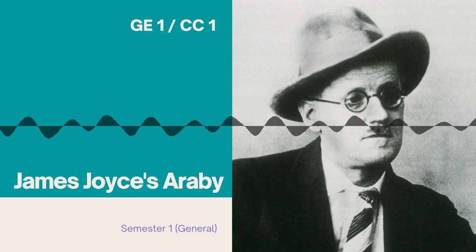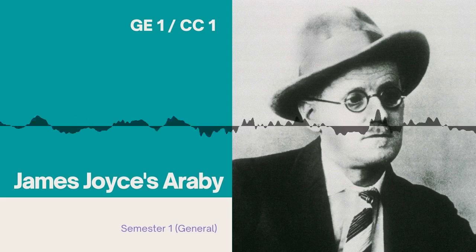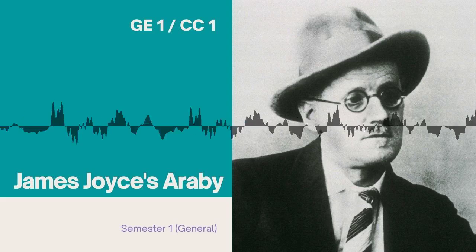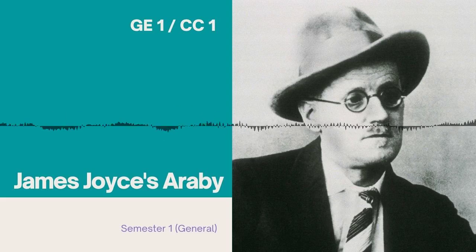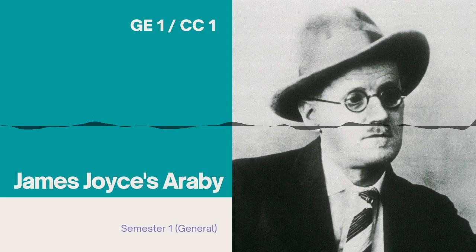All right. So now you have a background of what Araby is about and the collection from which Araby is taken. Now let's talk about James Joyce, right, the author himself. So Joyce is one of the most famous writers of the modernist period of literature. All right. So what is modernist period of literature?